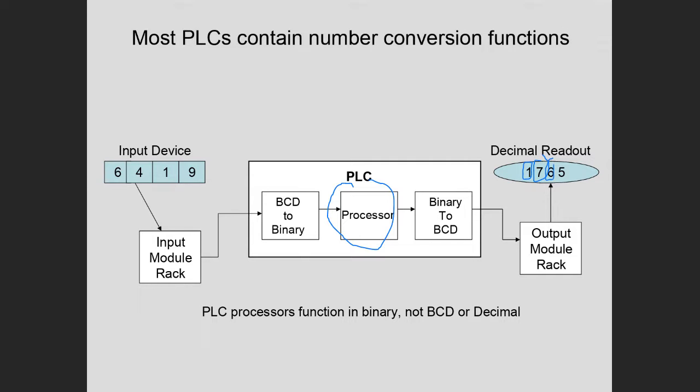It only understands BCD. So if I want to connect the digital readout to my digital device, then the PLC or digital device has to go from binary back to BCD. The output module will receive the BCD, and then it will display the digital readout 1765.